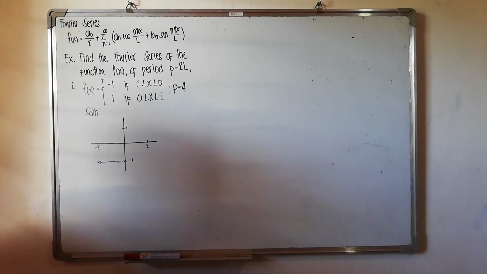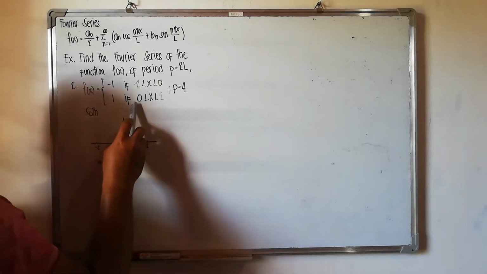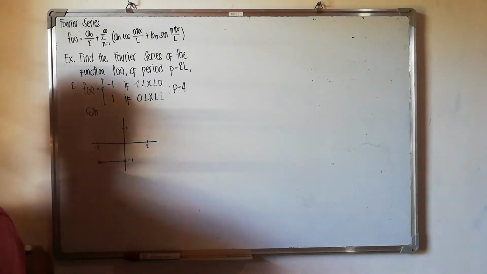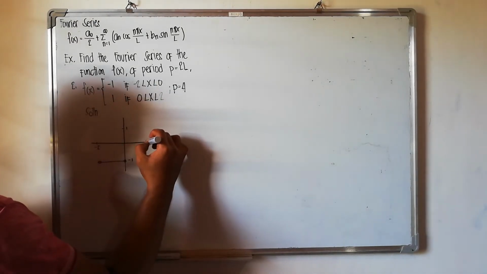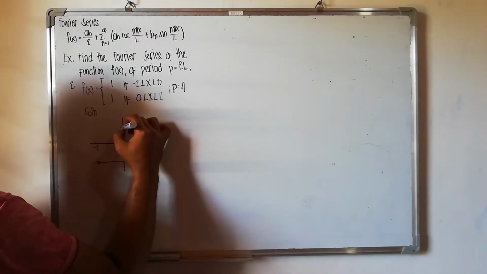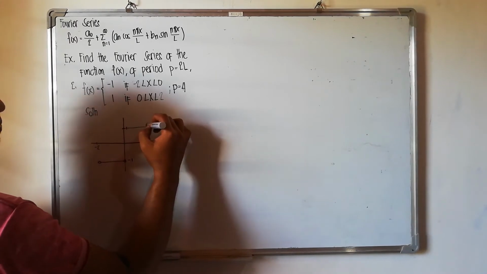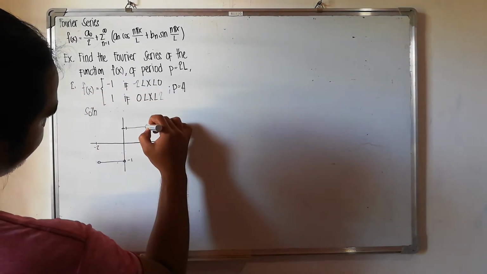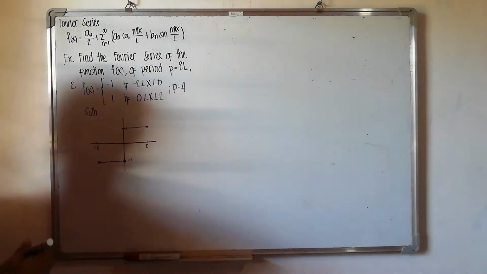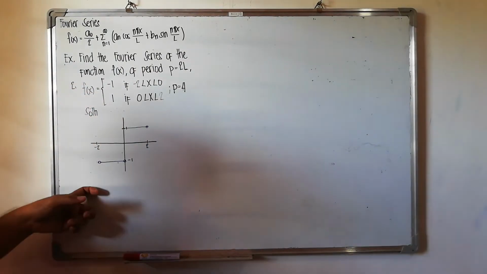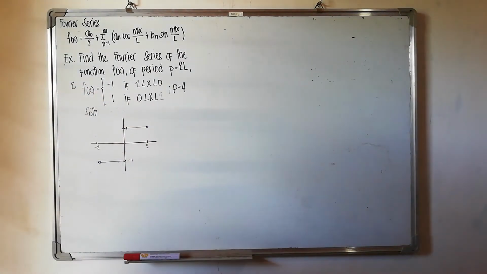Next, from x is equal to 0 to +2, your y is equal to +1. So this would be the illustration of the piecewise function given above.